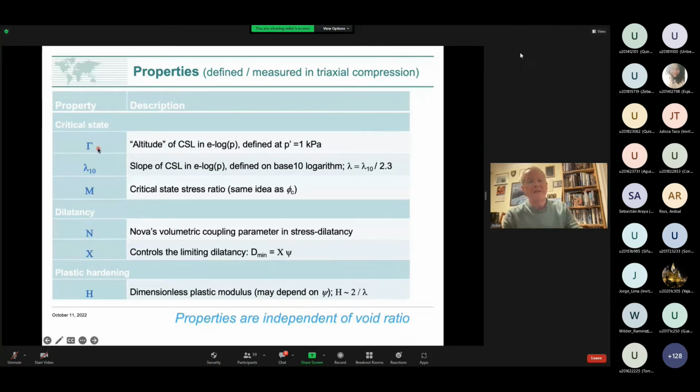This here is gamma. That's the altitude or height of the critical state in the log p plot, and by convention it's defined at 1 kPa. Lambda 10 is the slope of the critical state locus. The subscript 10 is to indicate it's on a base 10 logarithm. We do that because when we do the mathematics, we are actually incrementally integrating, so we often work with exponentials and natural logs.